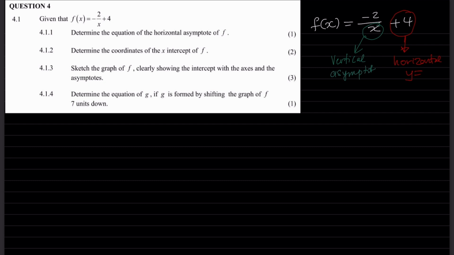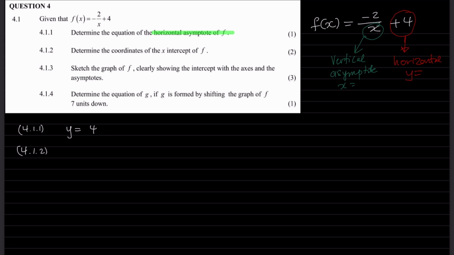That is your x equals asymptote. So they want to know what is our horizontal asymptote. The horizontal asymptote is going to be 4.1.1 y equals 4.